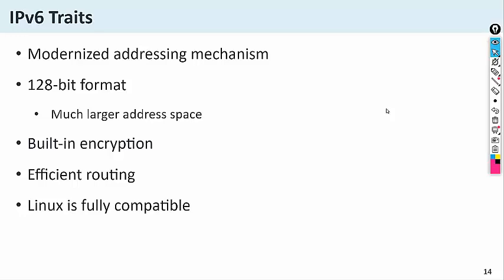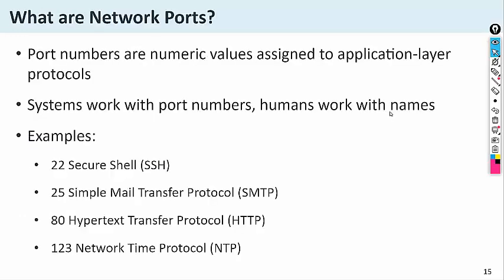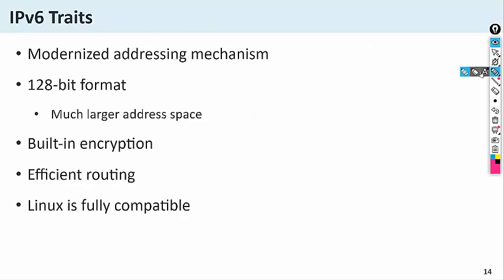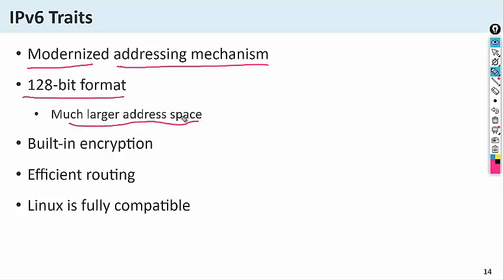So IPv6, what is the benefit of IPv6? In modern times, this addressing mechanism is used. It has a 128-bit format, and this is a much larger address space. Why is it much larger? Because the total number of IP addresses available worldwide is 2 to the power of 128.